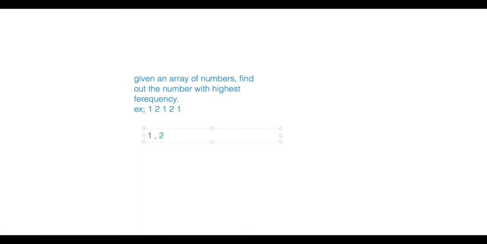We need to traverse through the array, and if it finds one, we increment the count for one, and if it finds two, we increment the count for two, counting how many times each occurs.